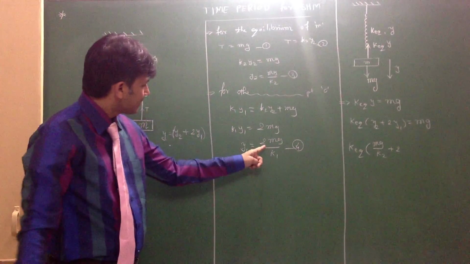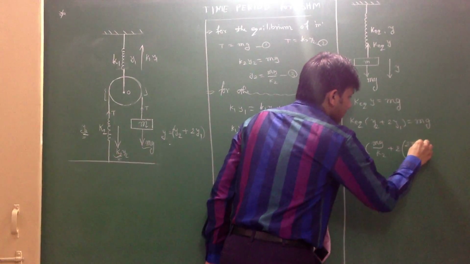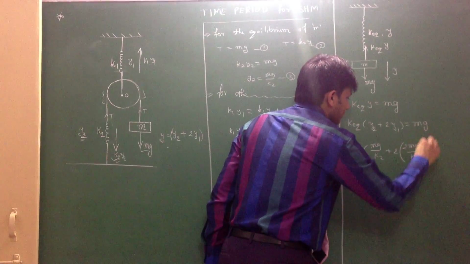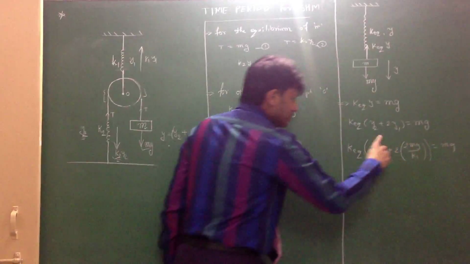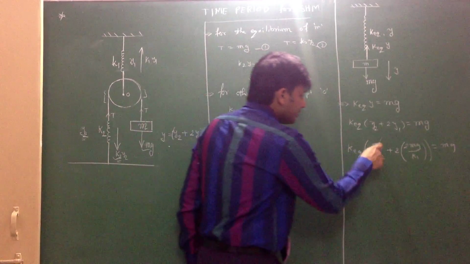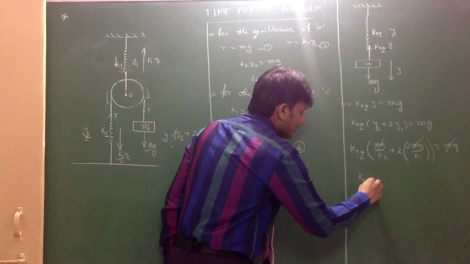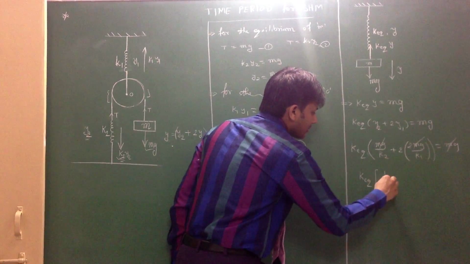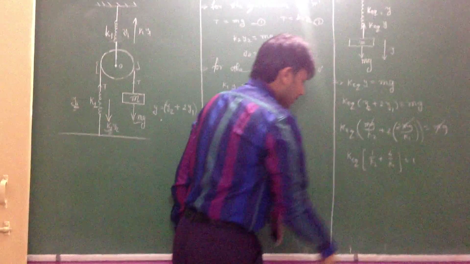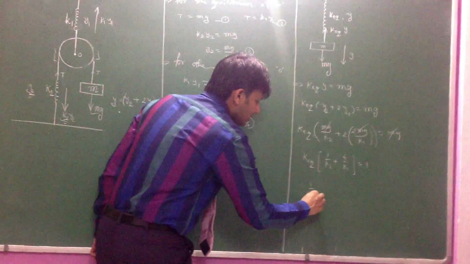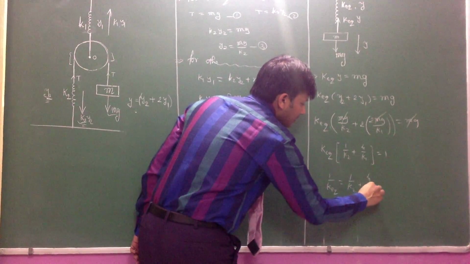This y1 is 2mg by K1. This mg is over there. We can divide the equation by mg. So I will get K equivalent times 1 over K2 plus 4 by K1 is equal to 1. So 1 upon K equivalent is 1 by K2 plus 4 by K1.